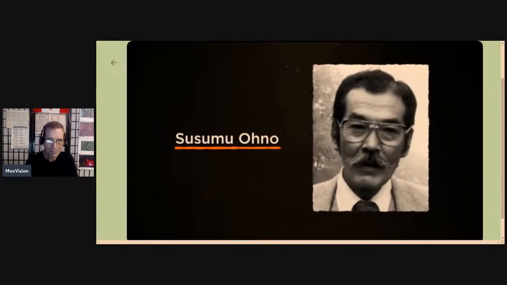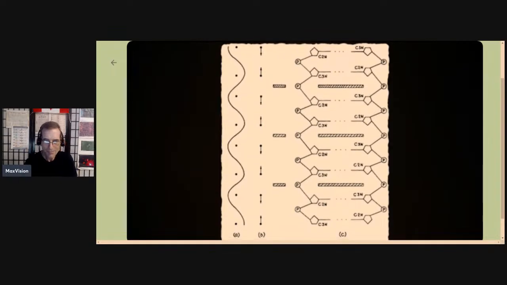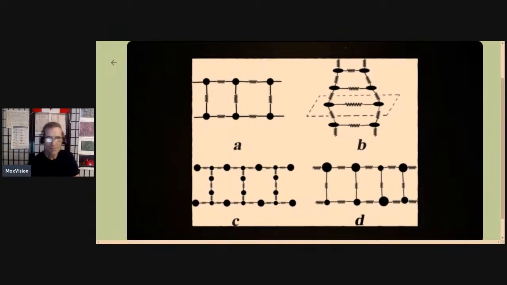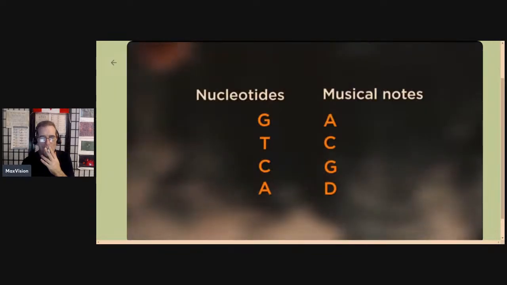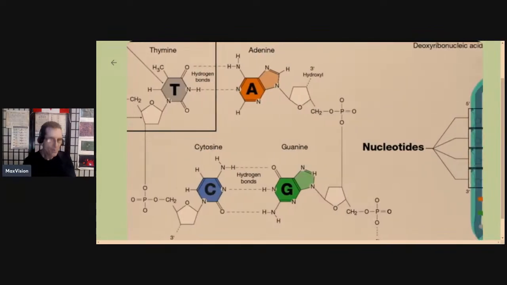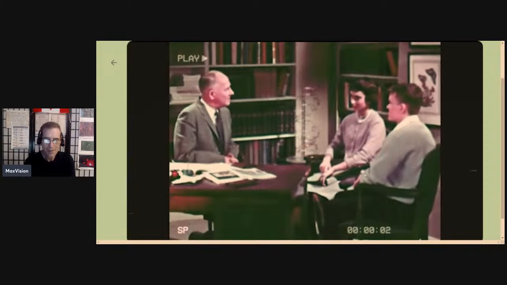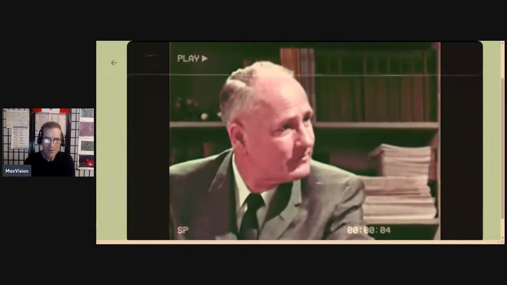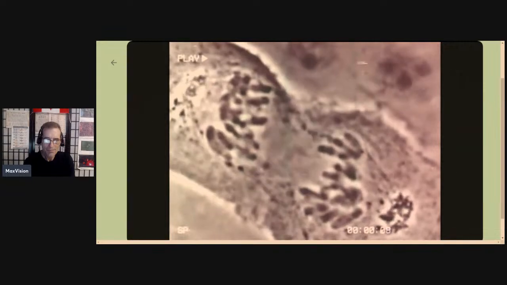Susumu Ono's groundbreaking research in translating DNA sequences into melodious compositions opened a door to a realm of unexplored possibilities. By associating specific musical notes with nucleotide bases, Ono revealed the inherent musicality encoded within our genetic blueprint. This discovery not only ignited fascination, but also prompted profound questions about the reciprocal relationship between DNA and music.